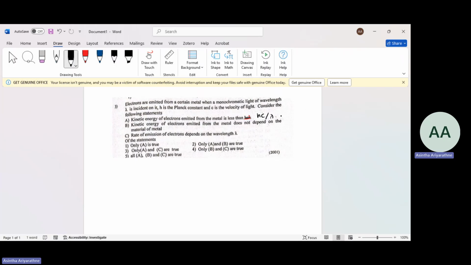Yes, correct, because this is the total energy of the photon, and some amount of energy is used to break the bond. Kinetic energy of an electron emitted from the metal does not depend on the material of the metal. It does depend, so incorrect. The rate of emission of electrons depends on the intensity, not the wavelength. So only A is true.